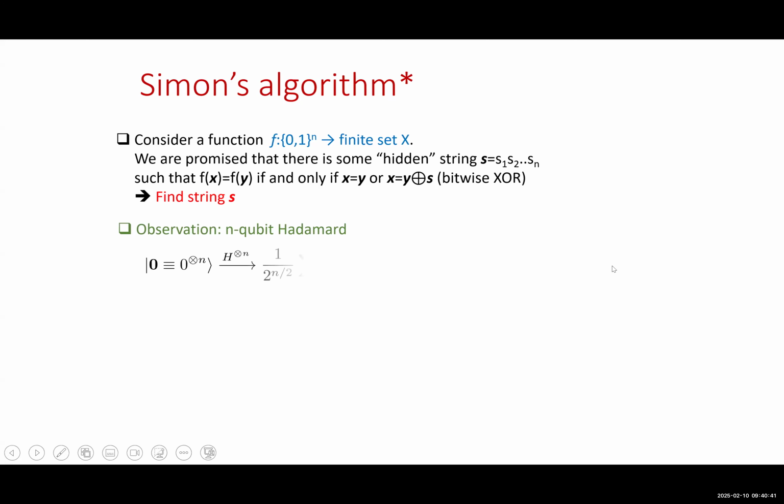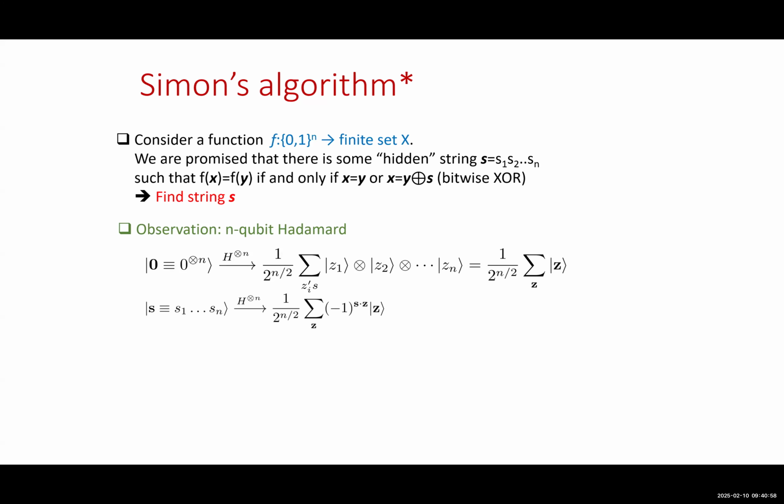There are a few observations which you can prove easily, and it was actually a homework problem last semester. This is the Hadamard gate applied to all zeros, and you know it's a superposition. But if you have not zero, it could be any bit string z, it would map to (-1)^(s·z). This is the binary dot product. And if you have a superposition, then this maps to the sum of the two.